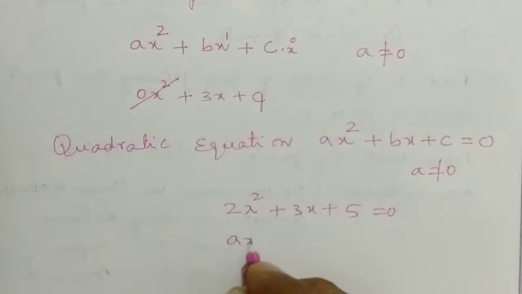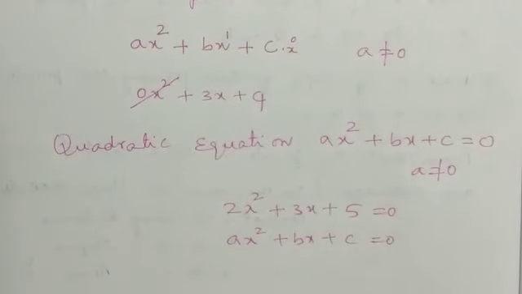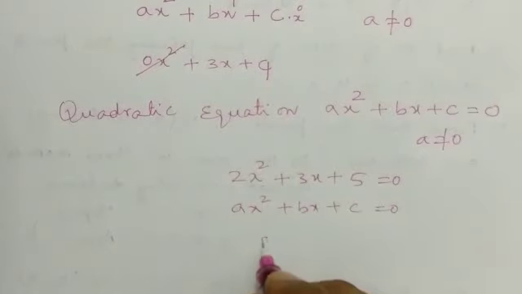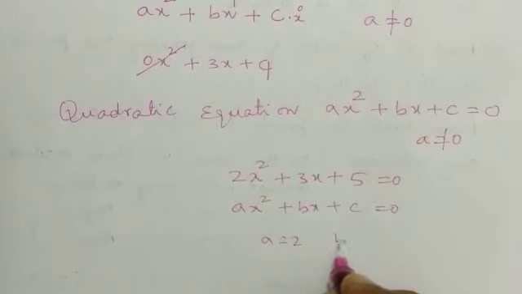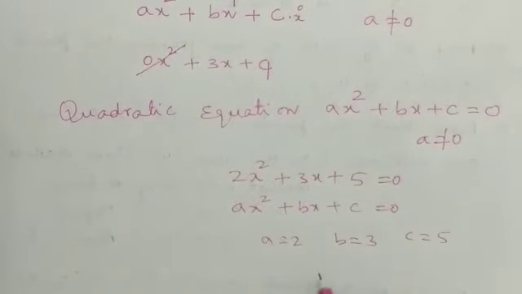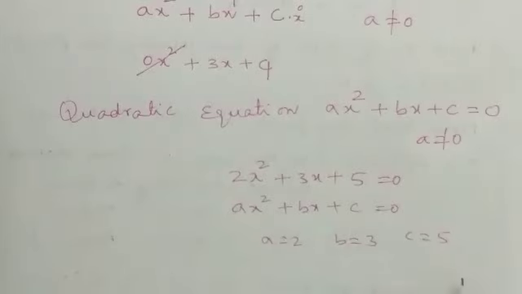Compare with ax square plus bx plus c equal to 0. Compare. a equal to 2, b equal to 3, c equal to 5. So a is 2, b is 3, c equal to 5.